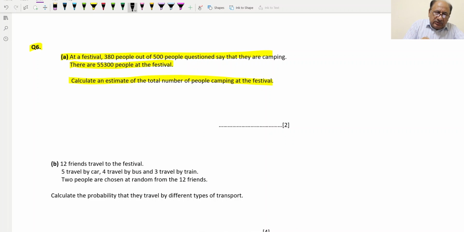So 380 out of 500, and this will be multiplied by this number, which is 55300, and this one we can calculate.